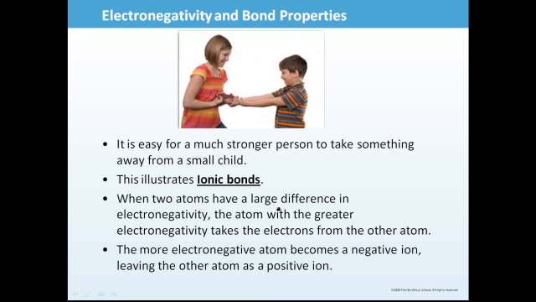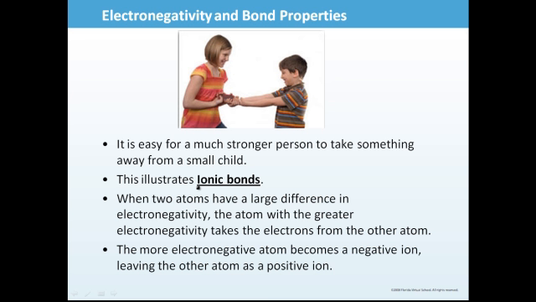Well, if you have one person that's really strong and another person that's not, of course the stronger person is going to win. In that case, the electrons get pulled over towards the stronger person. So this is an illustration for an ionic bond, where the valence electrons get pulled over to the stronger one.